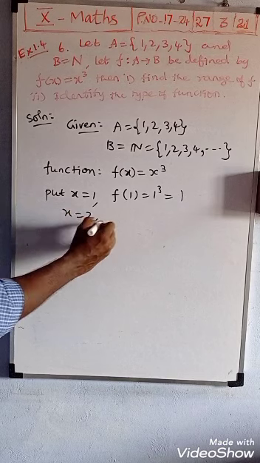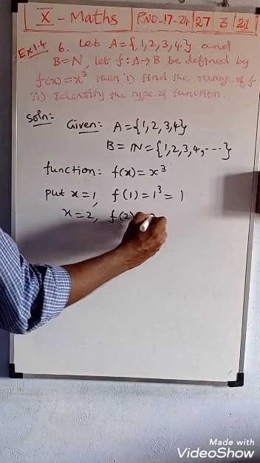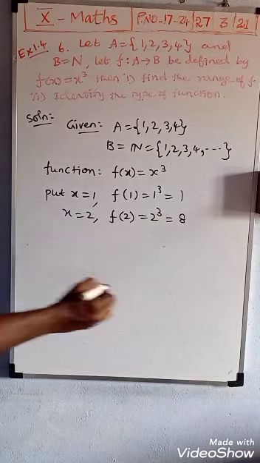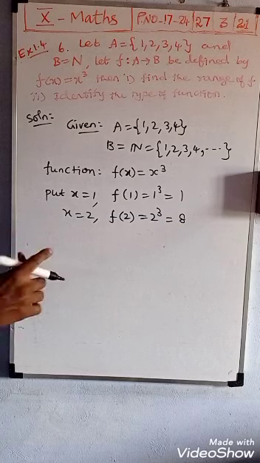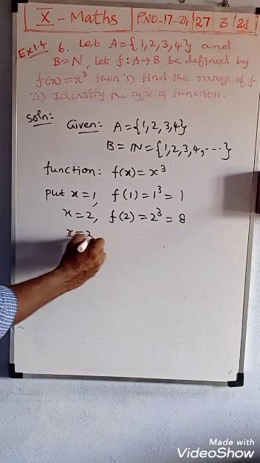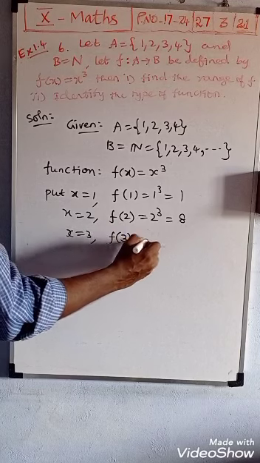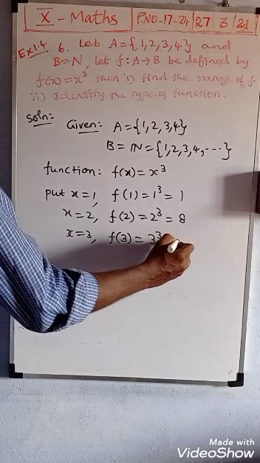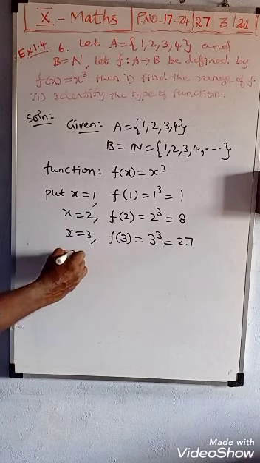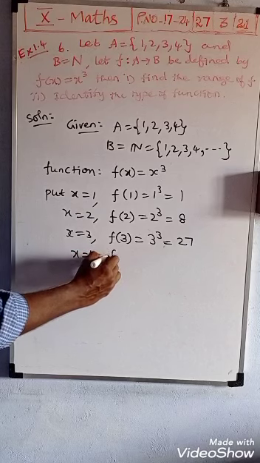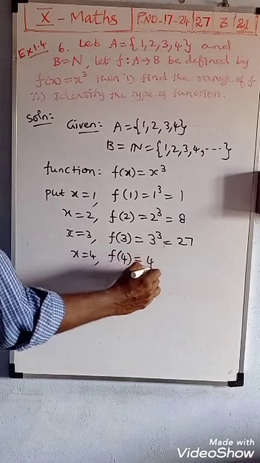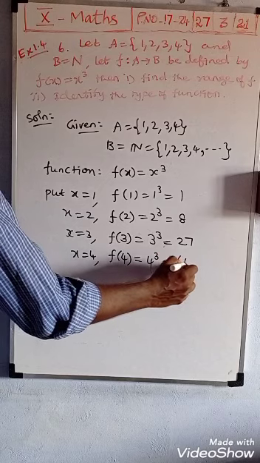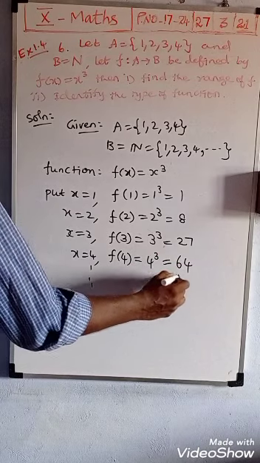Put x = 2: 2 cube is 8, since 2 twos are 4, and 4 twos are 8. Next x = 3: 3 threes are 9, 9 threes are 27. Next x = 4: 4 fours are 16, 16 fours are 64. Like that it will go on.